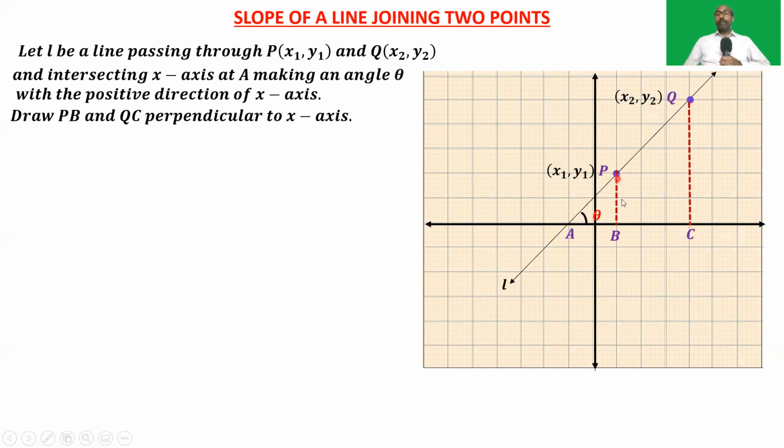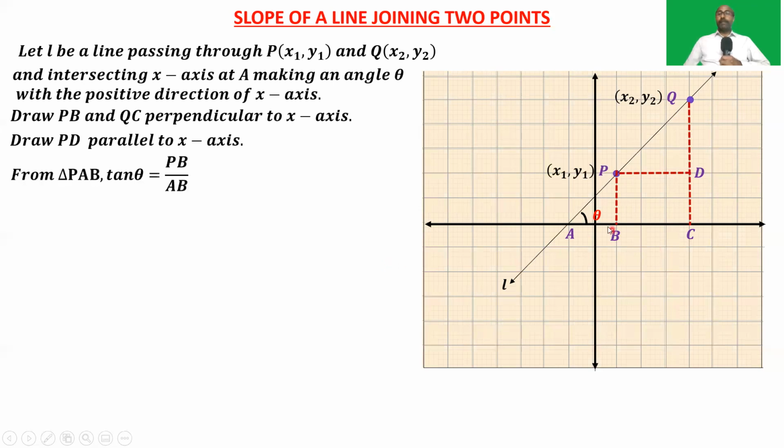Now we know that PB is equal to y1 and QC is equal to y2, isn't it? Now also draw PD parallel to the x-axis like this. Here PD is parallel to the x-axis. And the distance PD is equal to BC, which is equal to OC minus OB, which is equal to y2 minus y1.